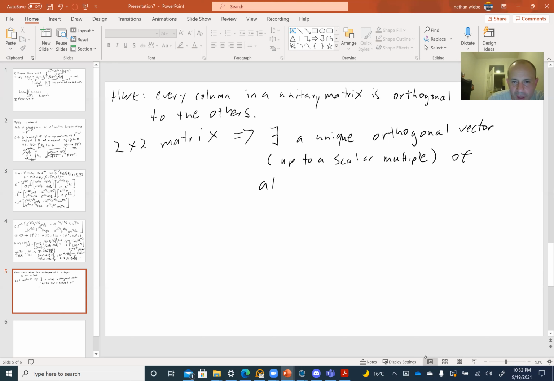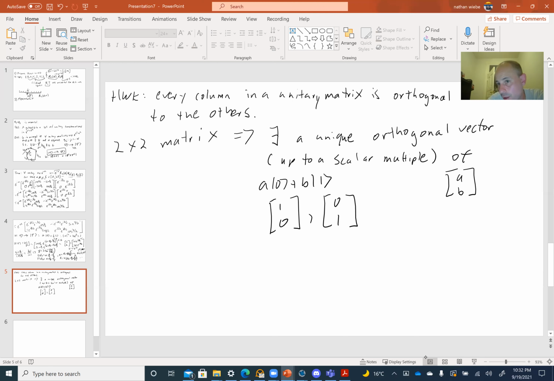The reason why is that a two-dimensional vector space of the form like AB is spanned by at most two orthonormal vectors. For example, the simplest is that we can span the space by the vectors 1, 0 and 0, 1. Alternatively, we could rotate our basis and do something like 1 over root 2 times 1, 1 and 1 over root 2 times 1, minus 1.